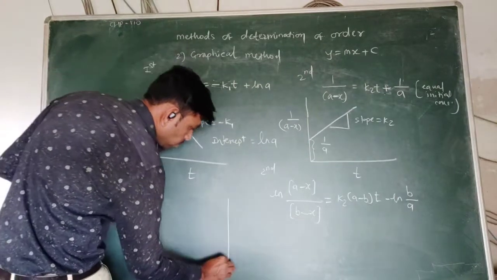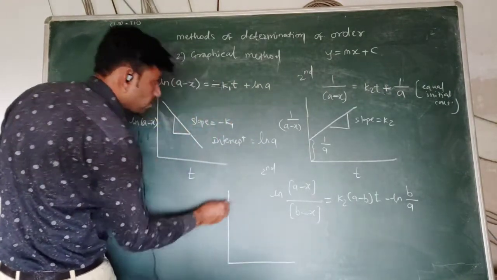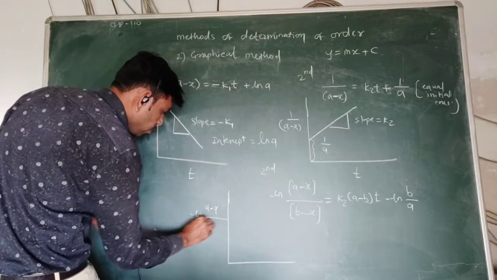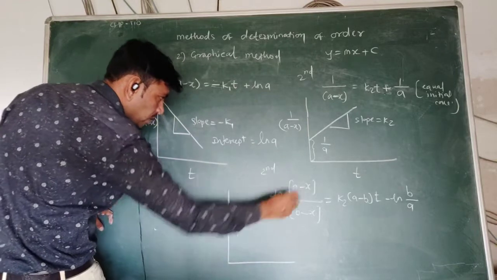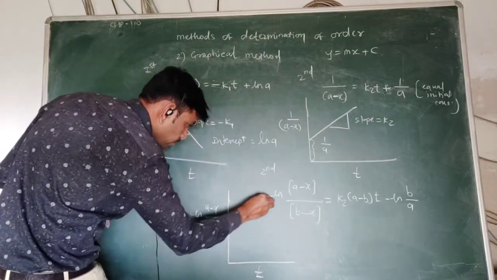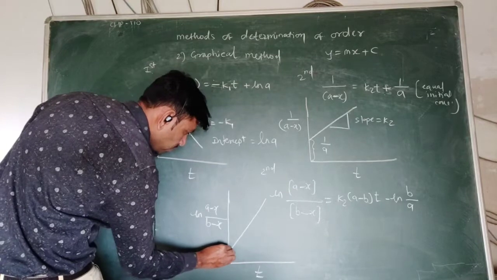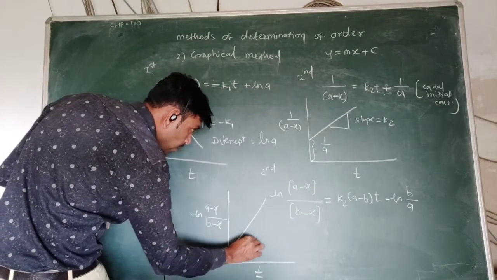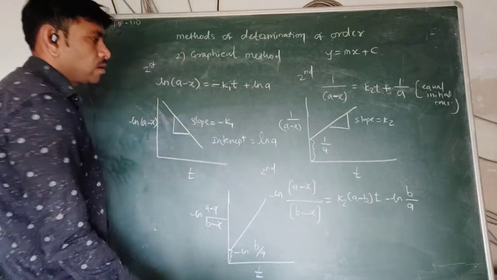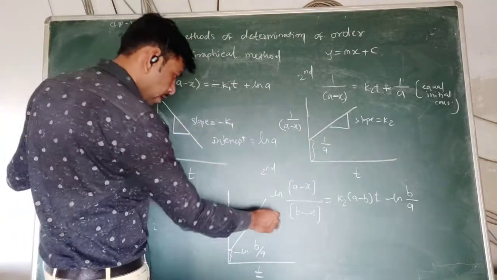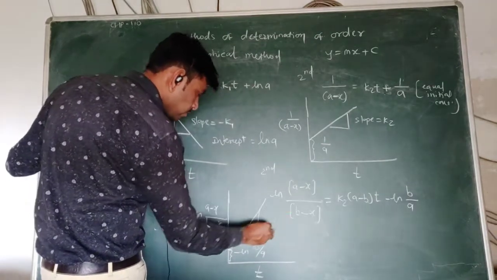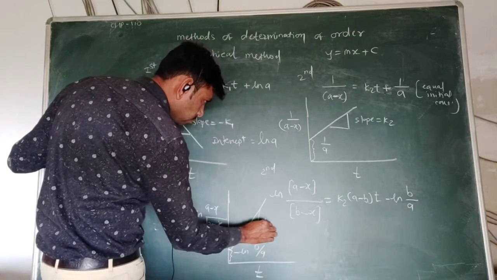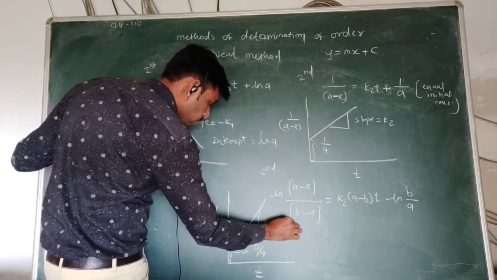If we see the graphical representation for this, on the y-axis ln (a minus x) upon (b minus x) versus time t, we obtain the graph in this manner with the intercept here. The intercept is minus ln b upon a, and the slope for this graphical representation is k2 (a minus b).